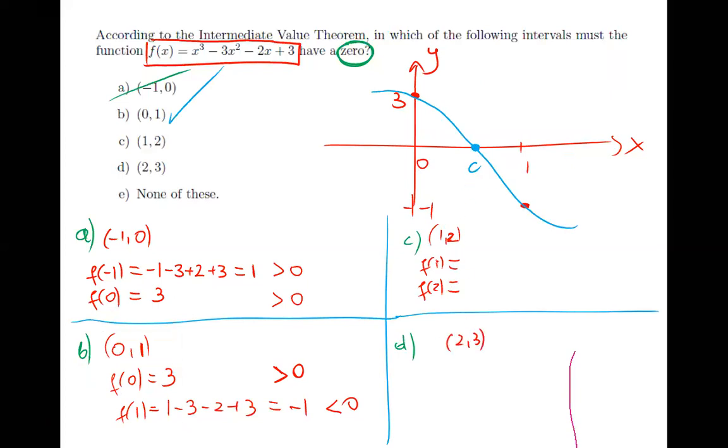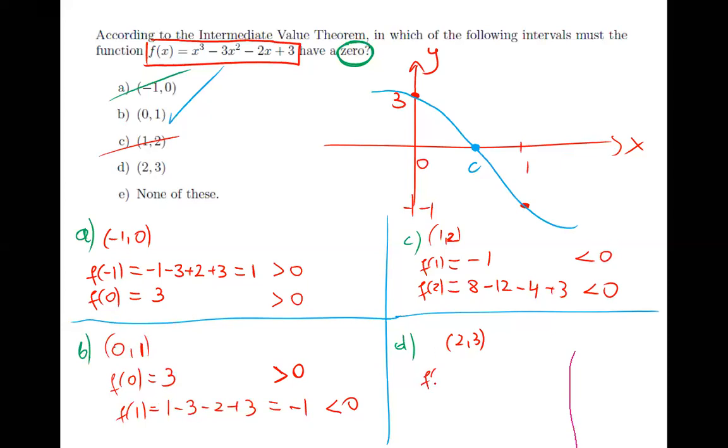Let's just double check. Value at 1 is negative 1, because we did have that, and the value at 2 will be 8 minus 12 minus 4 plus 3. This is negative. That means this is negative and this is negative. Both negative values are not giving me this guarantee because both of them are below the x-axis.